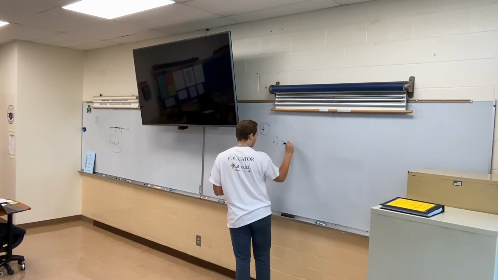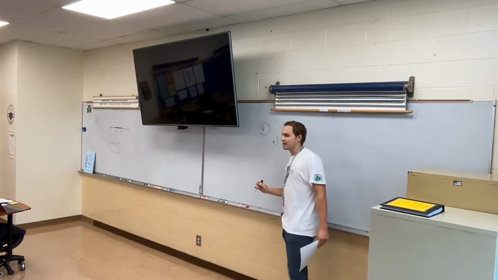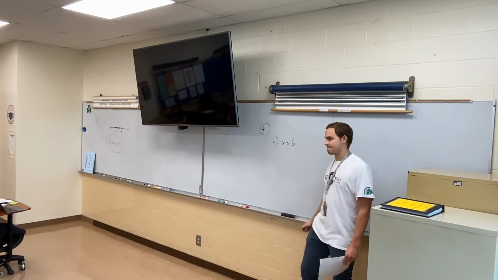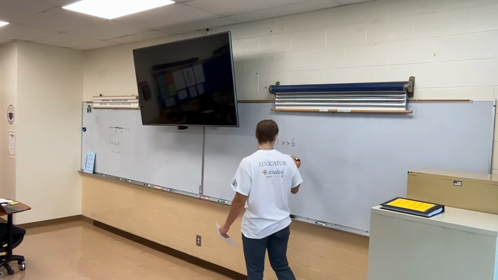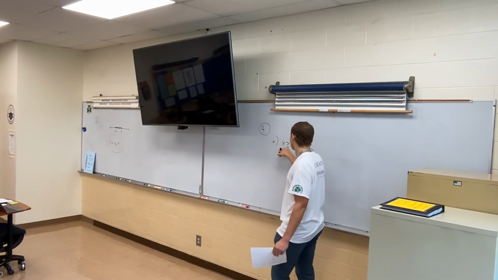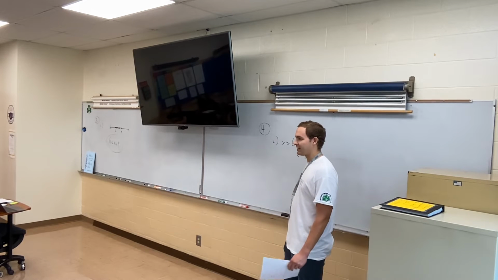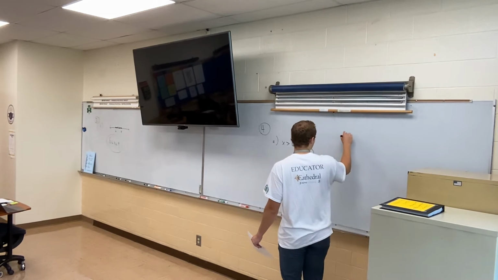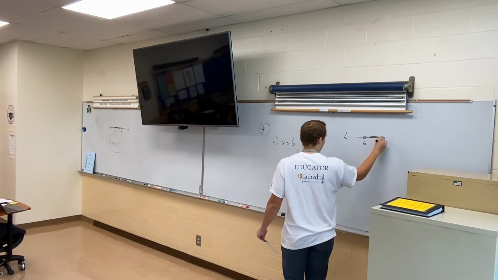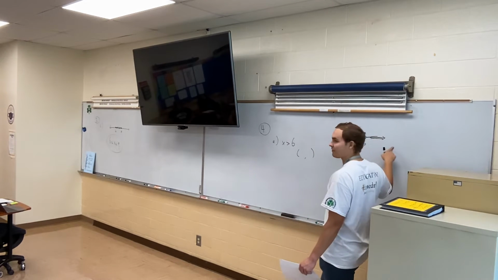In this case, it'd be parentheses. So it's 6 and infinity. x starts at 6, right? It's greater than 6. If you look at a number line, it goes from 6 to infinity, right?